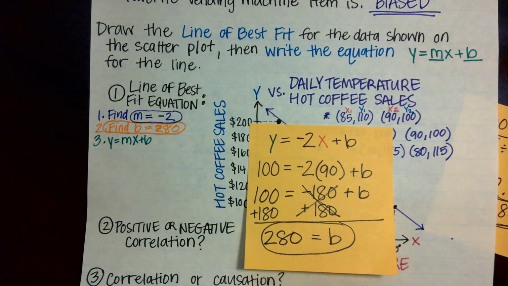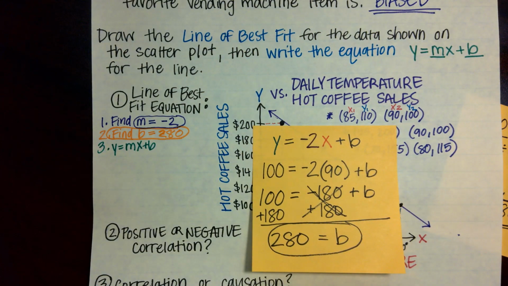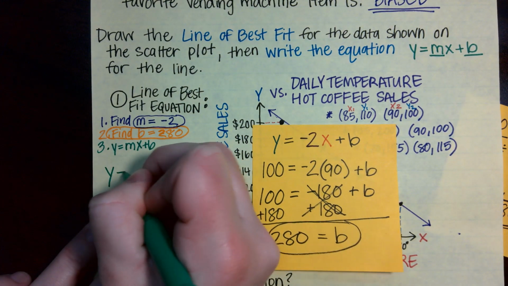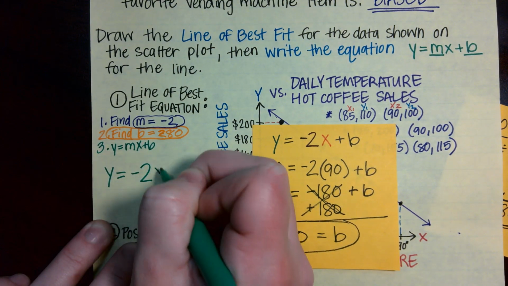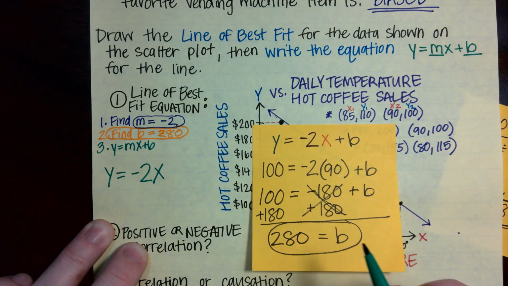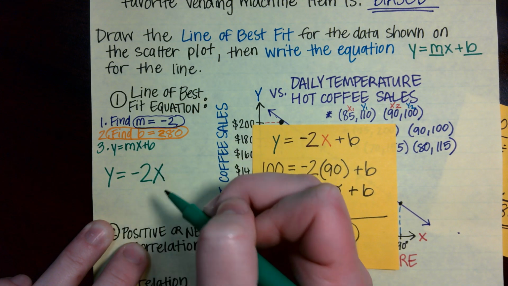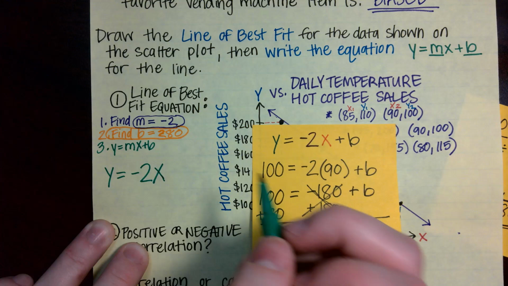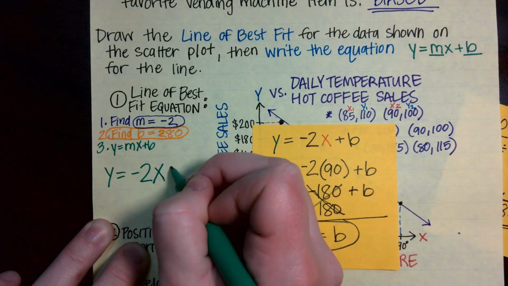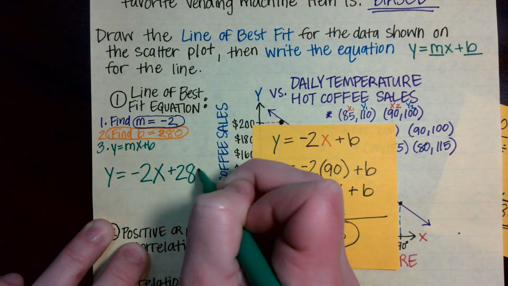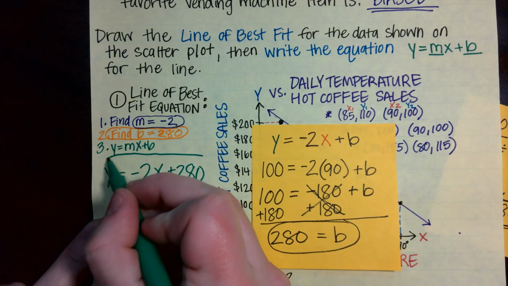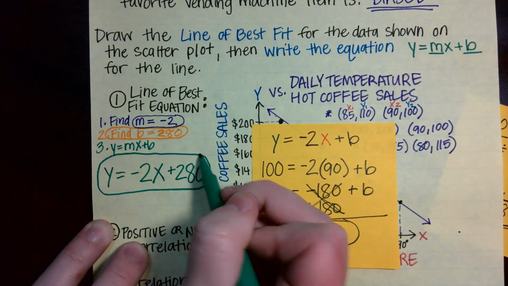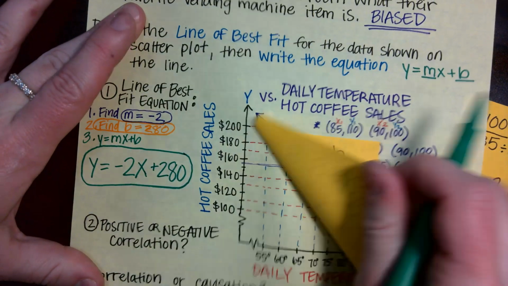And what's our equation now that we have m and b? y equals -2 times... 2x plus 280. Perfect. And again, your answer might look slightly different, but I got y equals -2x plus 280.